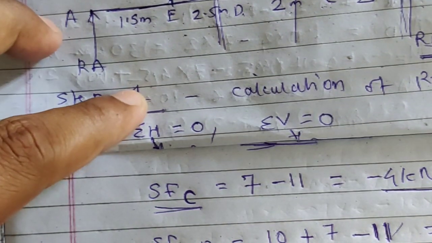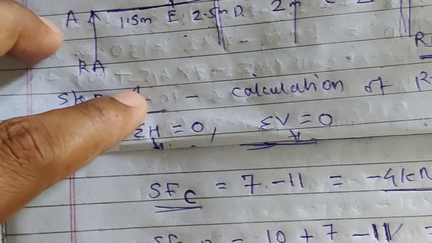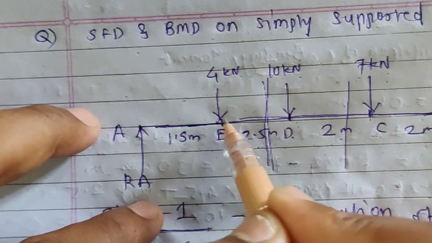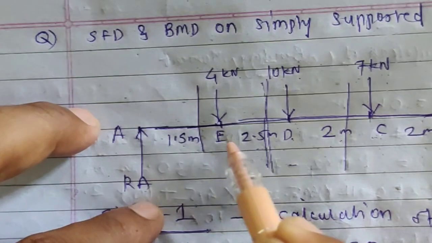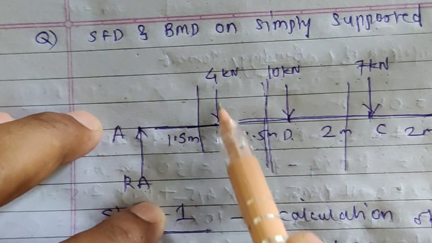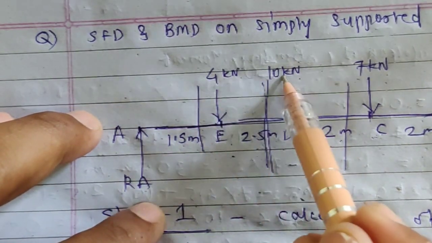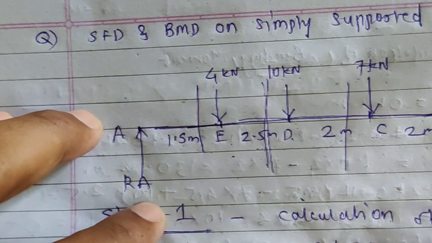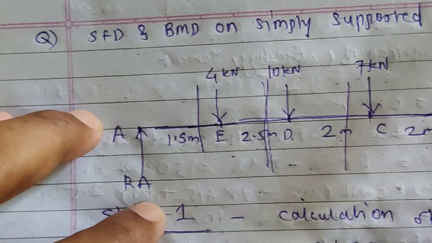Now we calculate shear force at E. So here we take section, and how many forces are acting? 4 kilonewton, 10 kilonewton, 7 kilonewton going from upward to downward, and this RB is going from downward to upward.